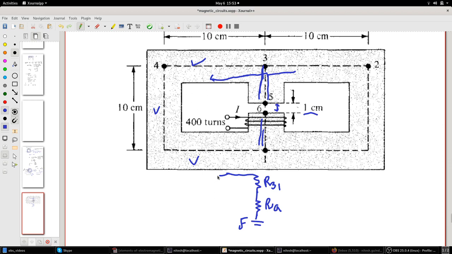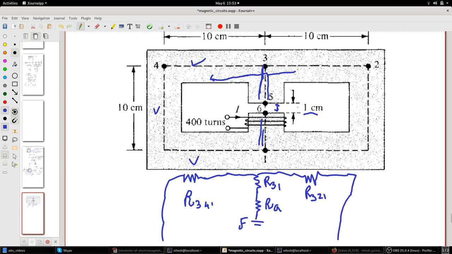So then I can convert this into another form of reluctance, which will be given as R341. In the same way I can draw another reluctance here, which is R32, and then the circuit gets completed here.